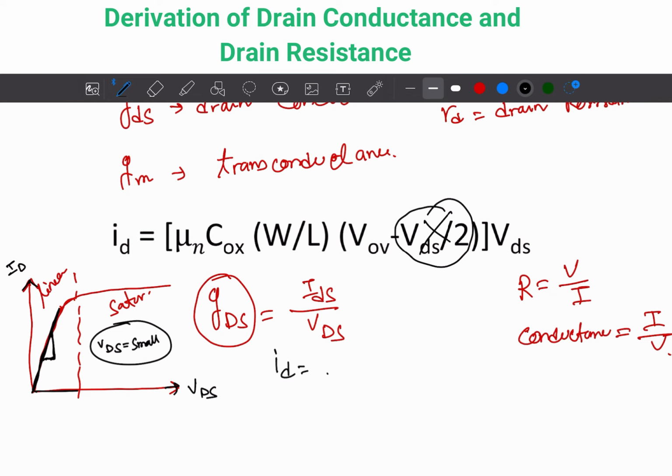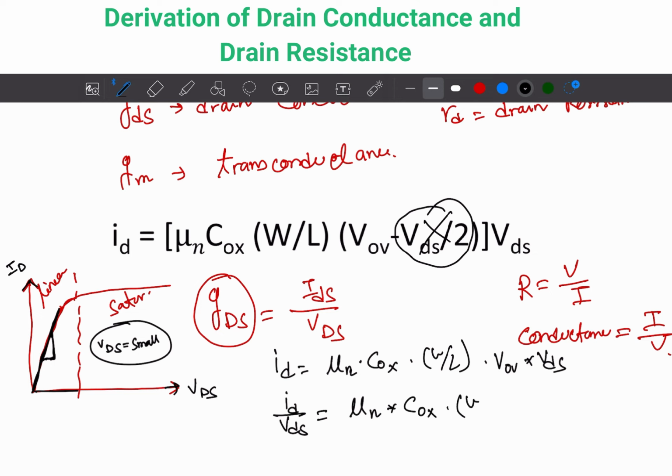ID is equal to mu n COX W by L VOV multiplied by VDS. That means ID divided by VDS is equal to mu n COX W by L multiplied by VOV. So this will be GDS.